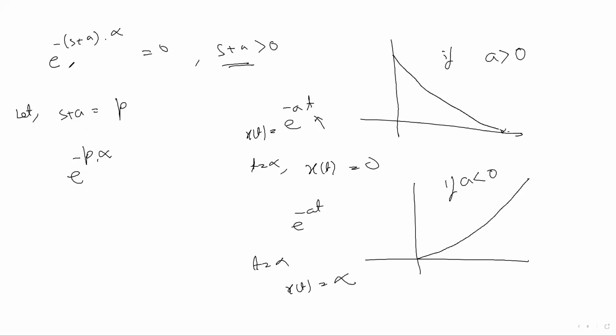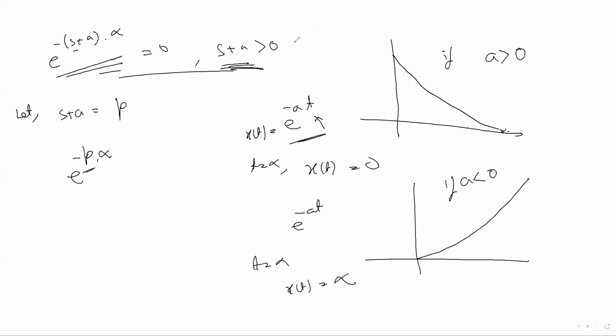That's why in this case, if you compare with this signal, if p or s plus a is greater than 0, then only this signal will be 0. That's why I have written this thing. Do you understand? Let me go to the previous page.